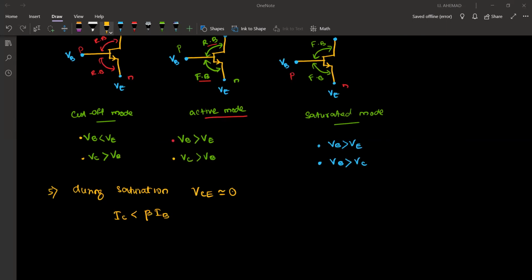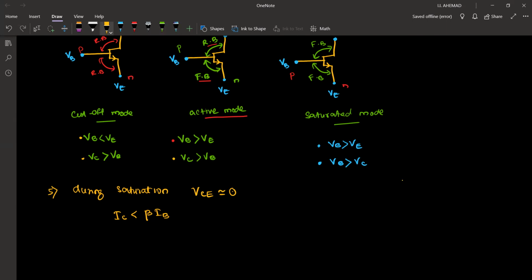Okay, those 2 points are important. So in a question, if they ask to prove this transistor is in saturation, what you can do is find beta times IB, and they will give the current IC anyhow. So you will compare these two. If beta times IB is greater than IC, then it is in saturation.